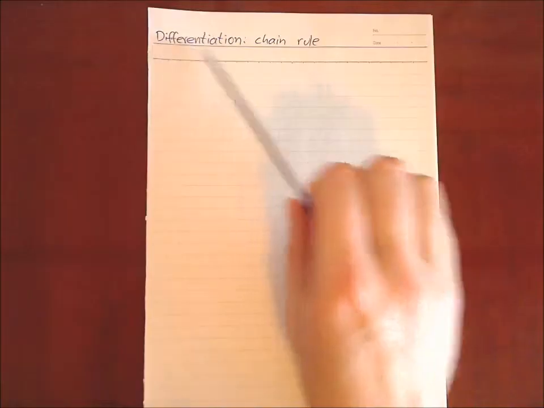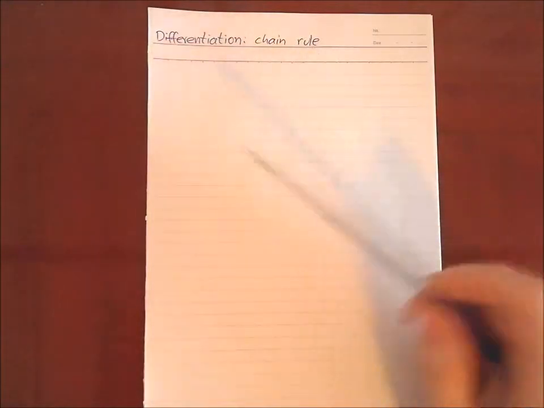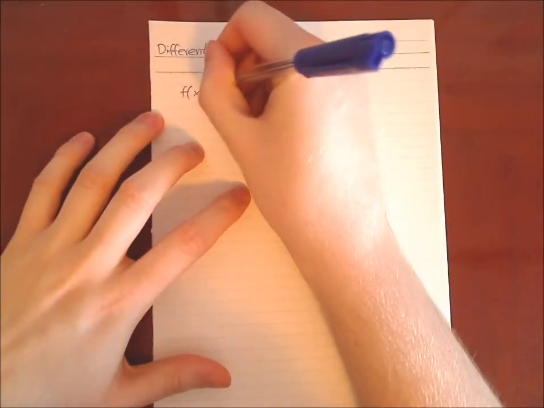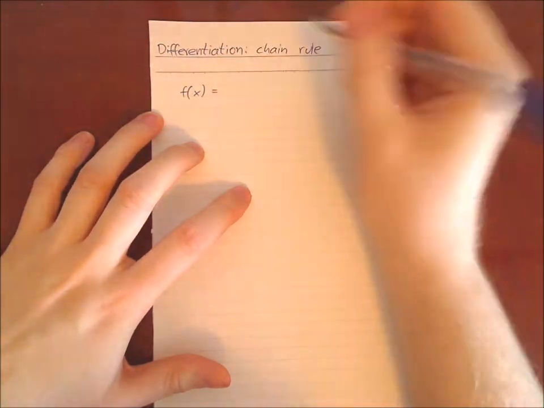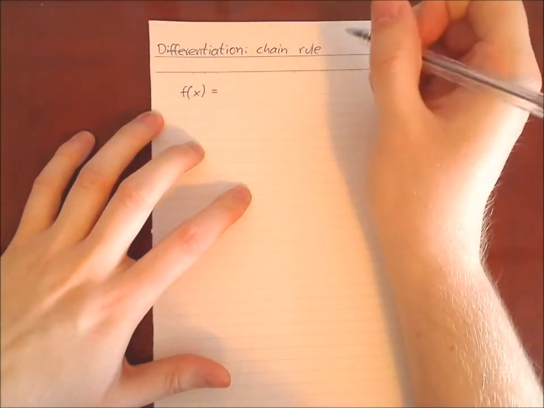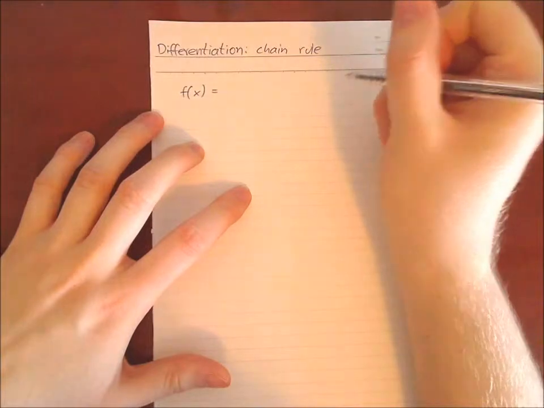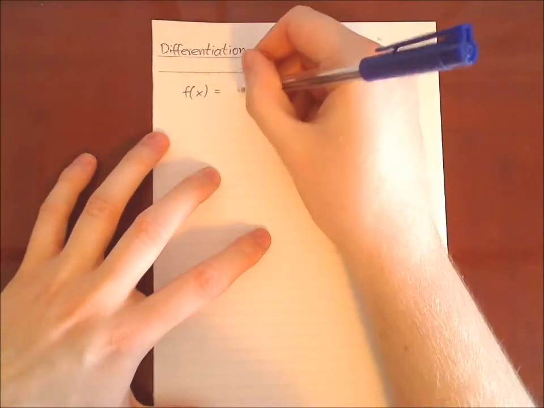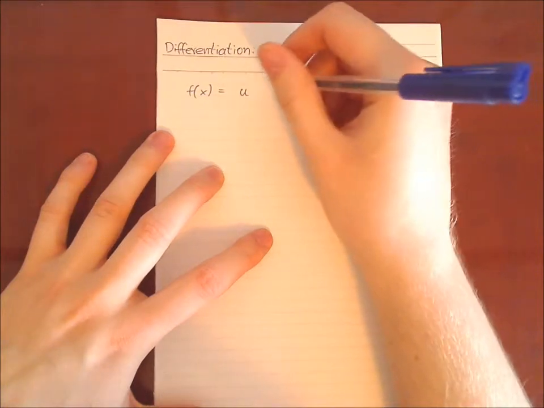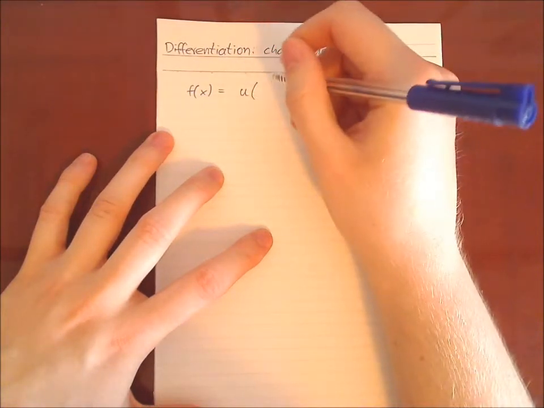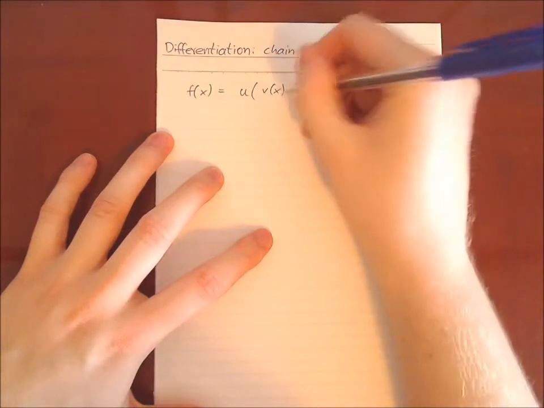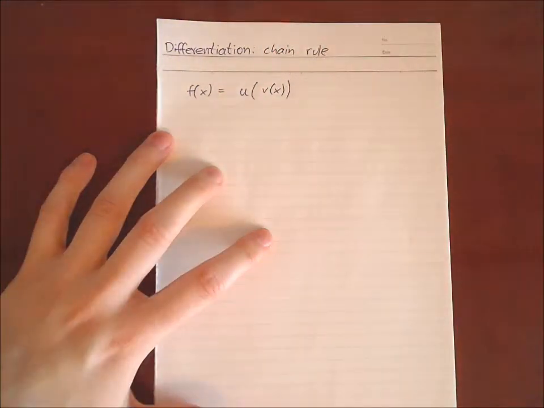How about differentiation with the chain rule? It works the following. We have a function which is a little bit more complicated, since it's sort of two combined functions, and they look the following. We have one function which we call u, and we have an inner function which is called v, and we want to differentiate now.